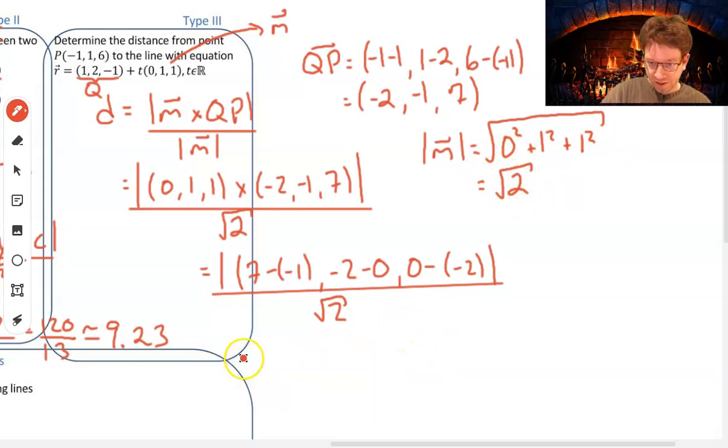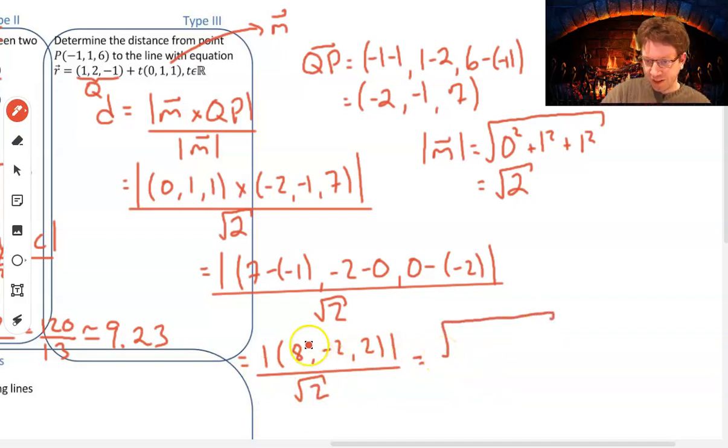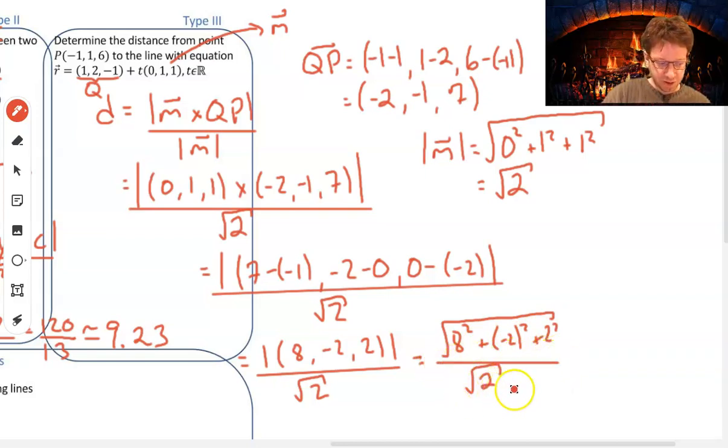Okay. Now we're just going to simplify this a bit. So we get 8, -2, and +2. And we still have to find the magnitude of that, which would be the square root of 8 squared plus -2 squared plus 2 squared, all over √2, right?